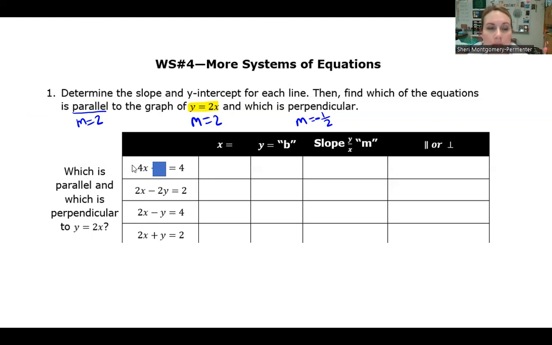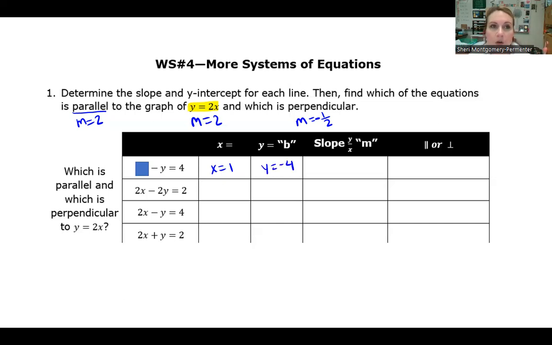To figure out what x equals, you just divide. So 4 divided by 4 is 1. To figure out the y part, which is actually the b, you can cover up the x part, and so we would have to divide by -1. What's 4 divided by -1? -4.